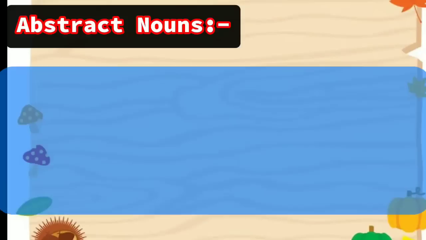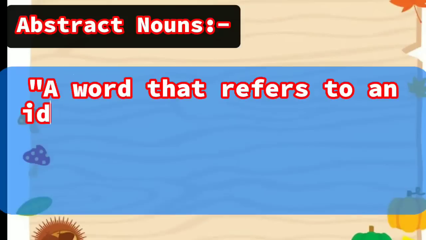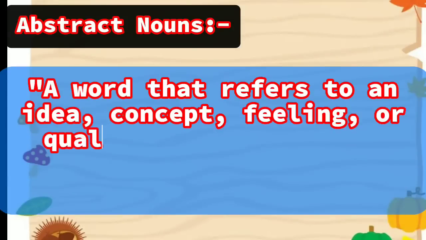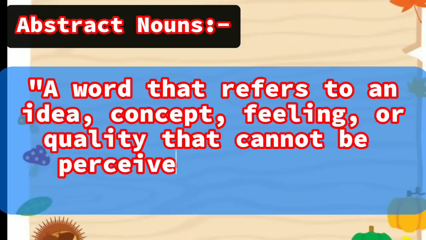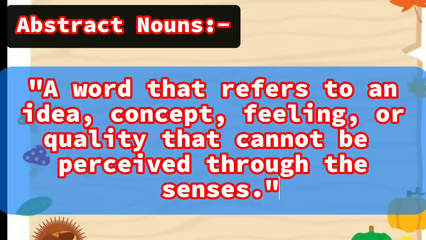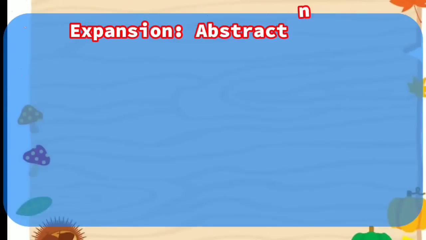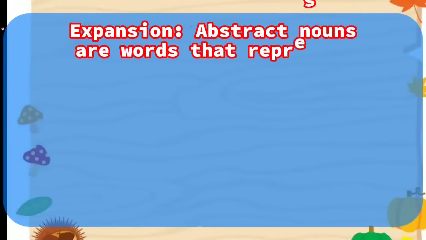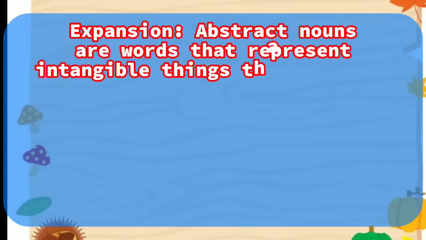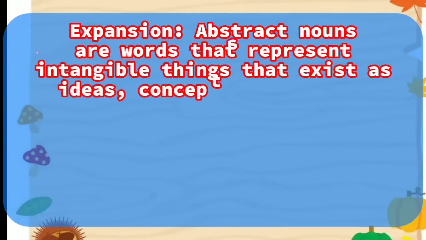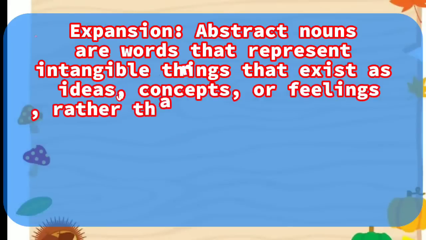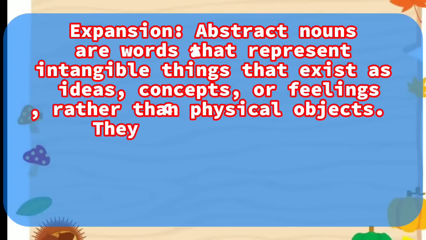Abstract noun. Definition: a word that refers to an idea, concept, feeling, or quality that cannot be perceived through the senses. Expansion: abstract nouns are words that represent intangible things that exist as ideas, concepts, or feelings, rather than physical objects.